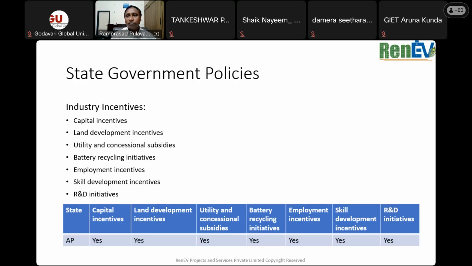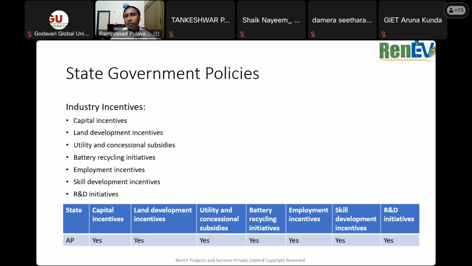Employment incentives: if you create X number of employment in a different place, there again is an incentive. Skill development incentives: if you want to create a skill development facility, then again a skill development incentive is provided.